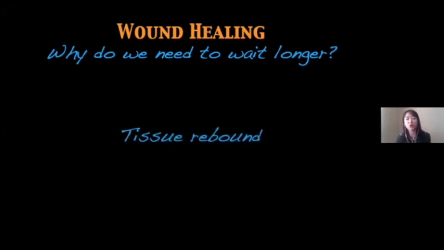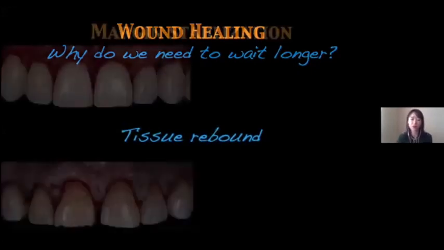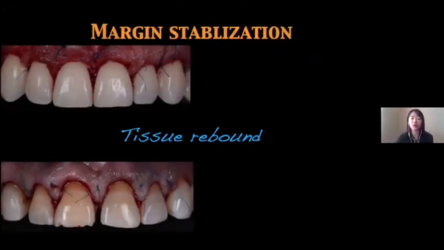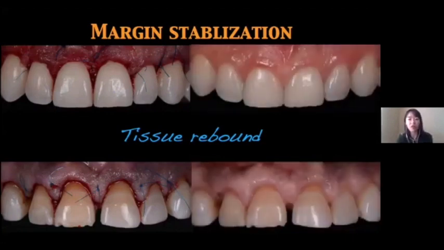phenomenon called tissue rebound that usually happens after the crown lengthening procedure. Here are two clinical situations just to show you what tissue rebound is. The picture on the left is immediately post-op with the suture, as you can see. And here is 2 months post-op. If you draw a line, you can appreciate how much tissue has shifted from apical to coronal.